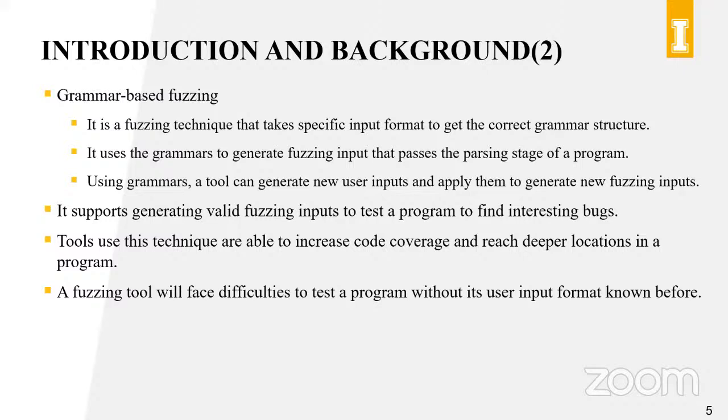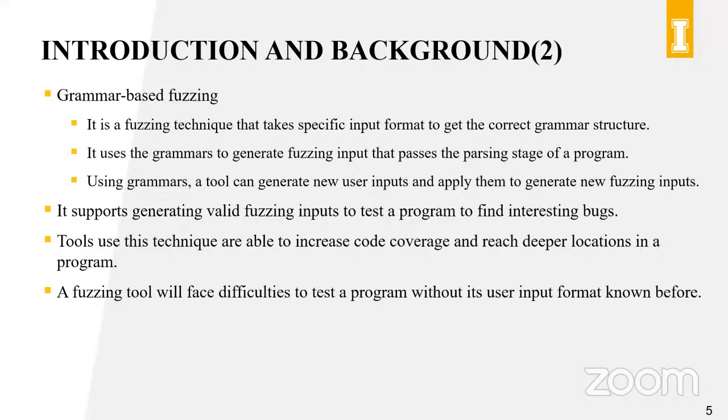By using these grammars, the fuzzing tool can generate new user input and apply it to generate new fuzzing input. The number of new fuzzing inputs could be any number, based on the defined strategies used to generate these input fuzzing files.